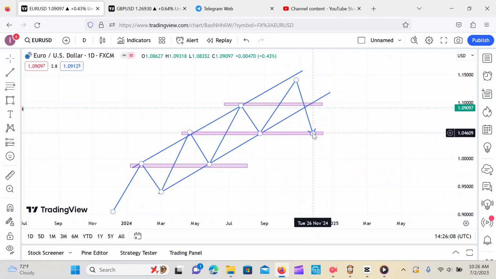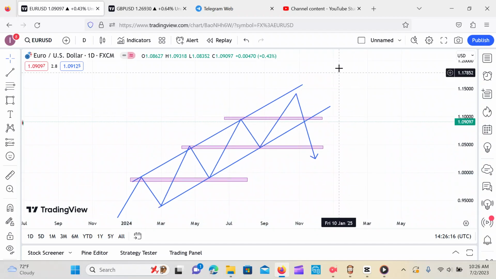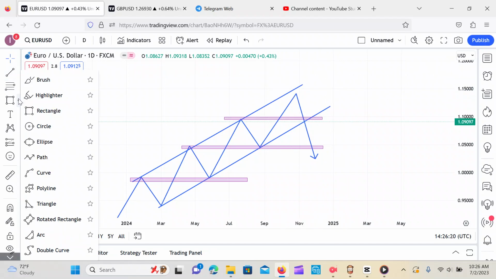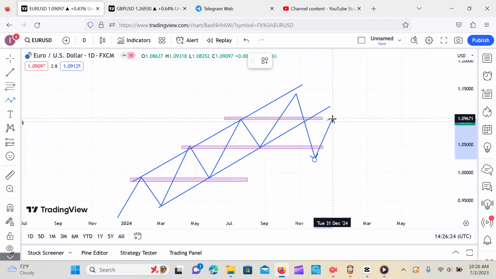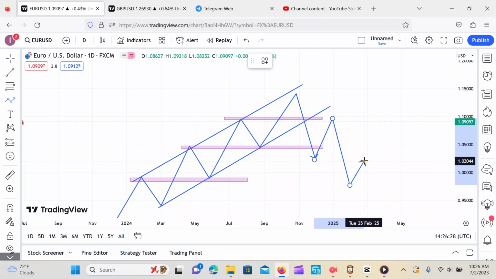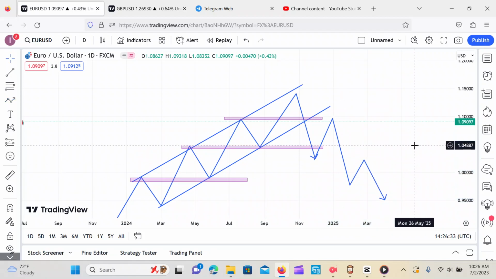If in a situation price breaks below this, it is a change of movement. Price is no more giving us another higher high. It will rather push to this side and give us another low and start creating a lower low, and so on and so forth.